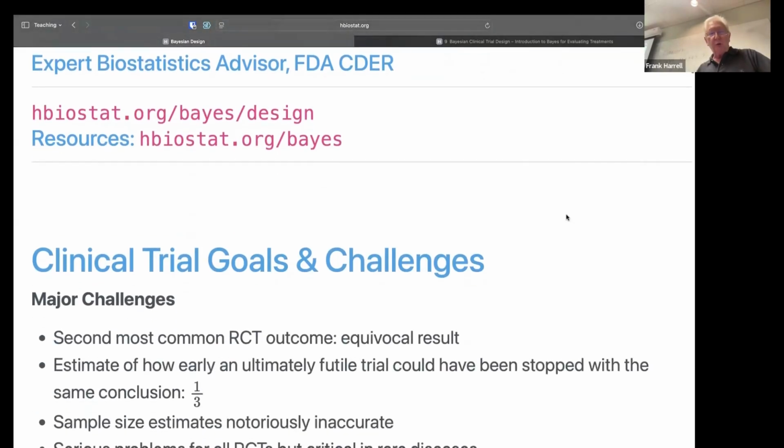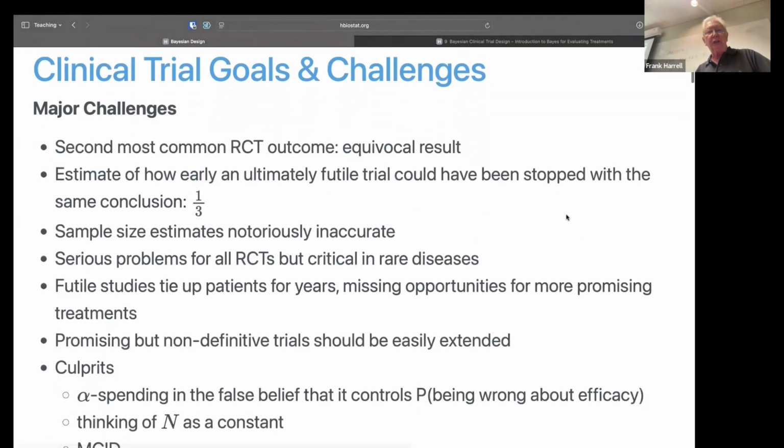So I want to get right into what are the challenges in doing clinical trials. There's lots of challenges, and the first thing that goes wrong in a clinical trial is not being able to recruit enough patients. I can't really solve that problem. But the second most common problem in a clinical trial is you get through and your result is equivocal. So in the frequentist world, equivocal result means a p is greater than 0.05.